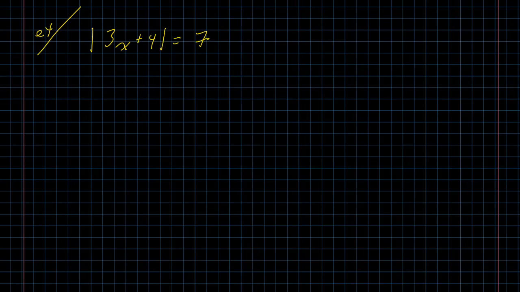I don't know whether 3x plus 4 is positive or negative. And depending on which of those is the case, changes what happens here. If 3x plus 4 is greater than or equal to 0, then the absolute value of 3x plus 4 is 3x plus 4.